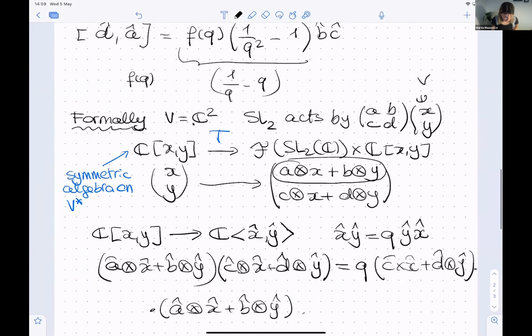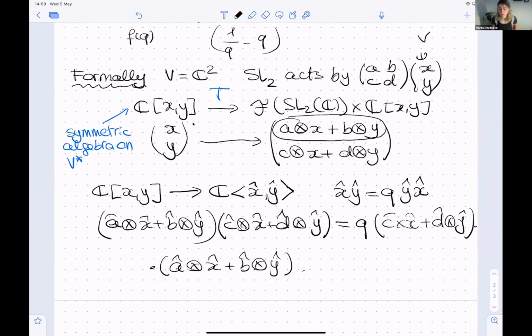And an exercise for you is to prove that if we impose this property, we obtain exactly the same quantum relations that I derived previously just by using common sense and intuition.